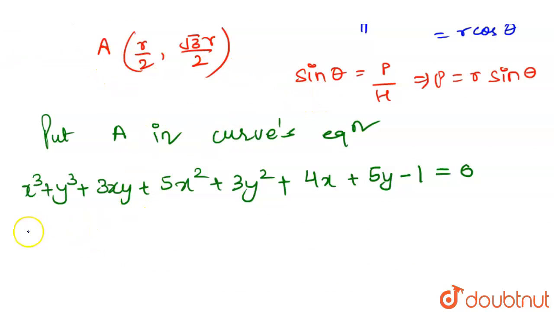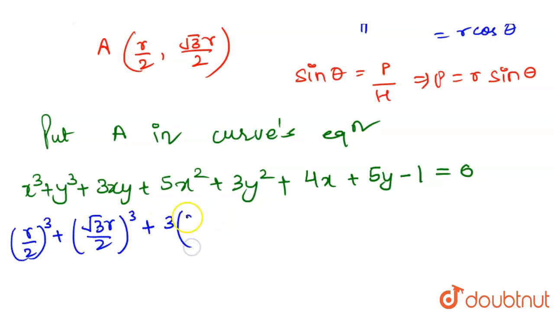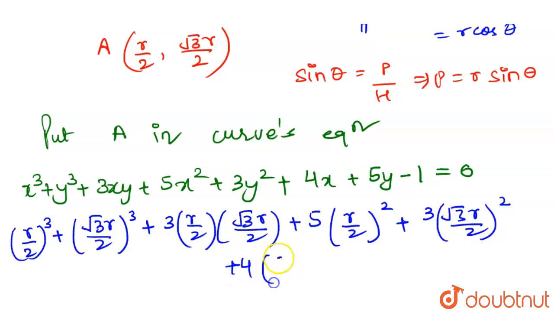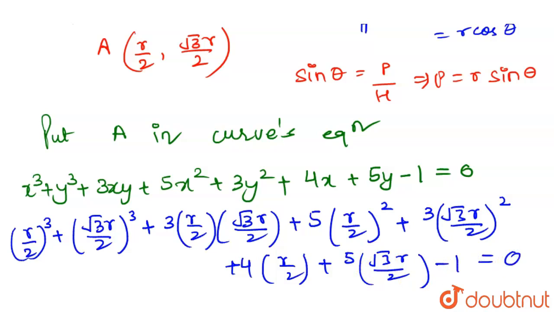So we will just put them in and we will get R upon 2 whole cube plus root 3 R by 2 whole cube plus 3 times x, which is R by 2, times y, which is root 3 R by 2, plus 5 times x square, that is R by 2 whole square, plus 3 times y square, that means root 3 R by 2 whole square, plus 4 times x, that is R by 2, plus 5y, 5 root 3 R by 2, minus 1 is equal to 0.